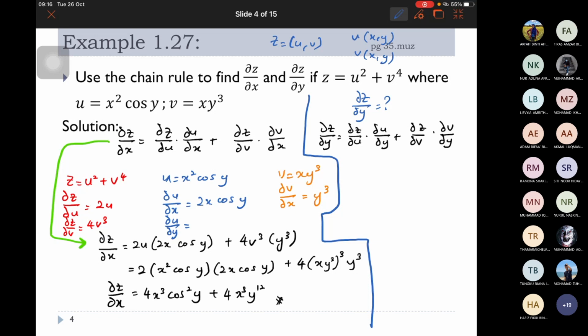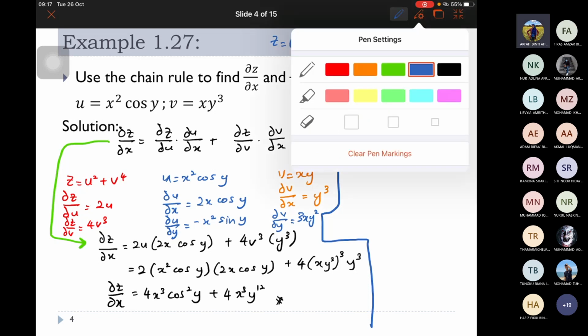Negatif x squared sin Y. Okay. Delta U over delta Y negatif x squared sin Y. Dan bezakan delta V over delta Y akan dapat dia sama dengan 3x Y kuasa 2. Okay.